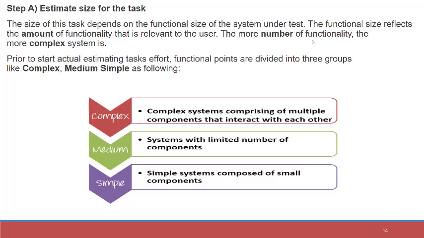Similarly, if it covers fewer functionalities of that application, it will be considered in the medium size category. And if any task covers very few functionalities of the project, it will fall under the simple category. So once you segregate tasks into complex, medium, and simple sections, you can calculate the size of the tasks.